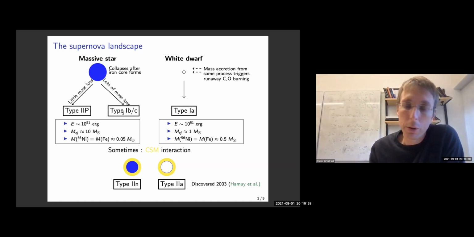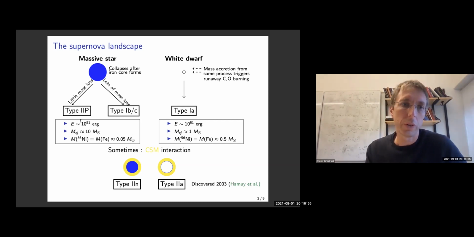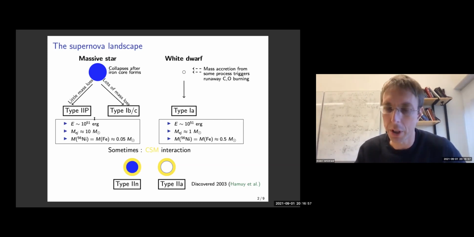And by a pure coincidence of nature, both of these completely different explosion processes give you kinetic energy of order 10 to the 51 ergs to the ejecta. But there are differences. The ejecta mass of the white dwarf is of the order of the Chandrasekhar mass, whereas the massive stars typically have larger ejecta masses, maybe by a factor of 10.